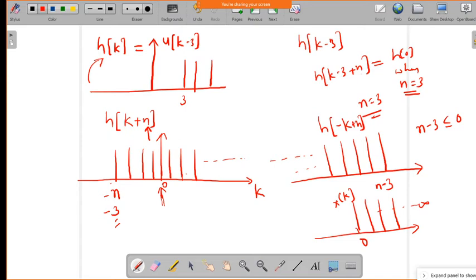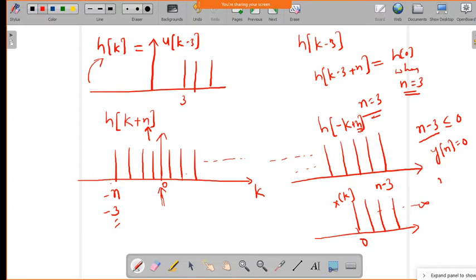Because we have shifted by n units also, when n becomes equal to 3, this will become the 0th position. So whenever n minus 3 is less than or equal to 0, there is no multiplication of the samples, that is your y of n will become equal to 0.